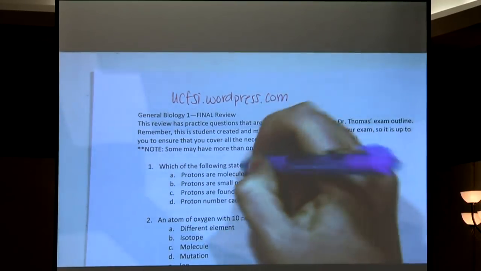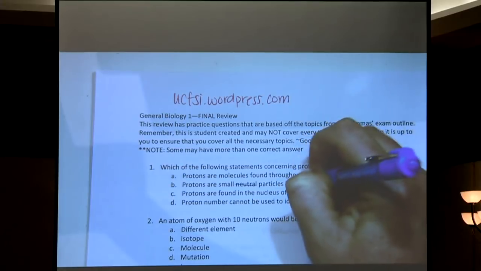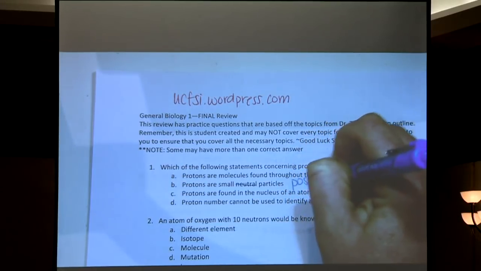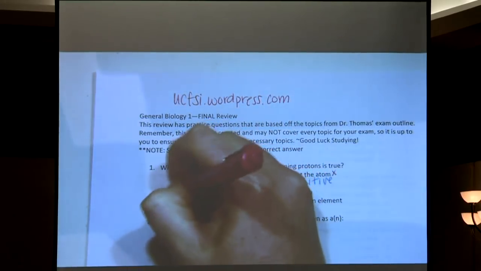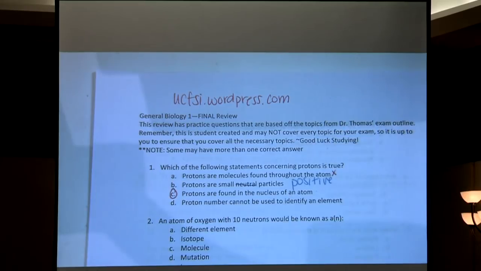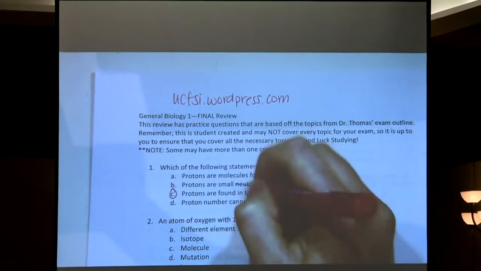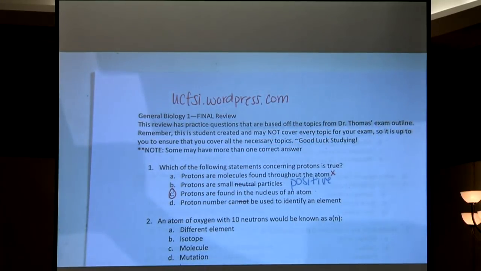Protons are not neutral. They should be positive. How about protons are found in the nucleus of an atom? That one is true. And D, proton number cannot be used to identify an element. That is also not true, because proton number can be used to identify an element.